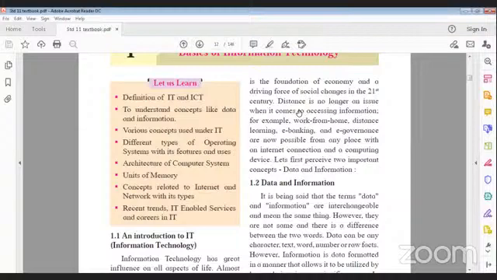You just WhatsApp video call or use any other software, and instantly the call gets connected, and your communication becomes easier. There is no distance problem. That is what they have explained here, that distance is no longer an issue when it comes to accessing information too, other than communication. Even when you want to download or gain information, you can do it from anywhere, provided you have internet connectivity and an appropriate device.